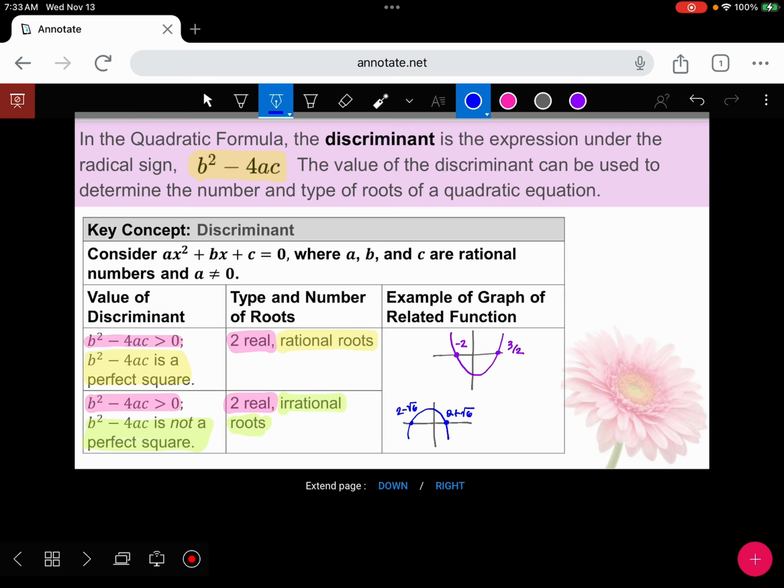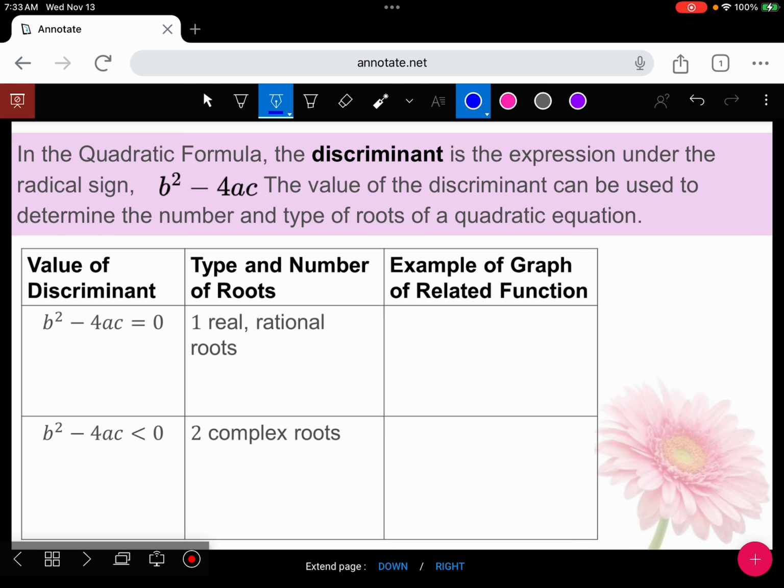The next part of the table, which I just put on the next page because otherwise it was microscopic, the next row down, has if my b squared minus 4ac, that discriminant, equals exactly 0. Not 0.1, not -1, not close to 0, 0. It's 0, the only option. That means we have 1 root, 1 real, and it will be rational, 1 real root.